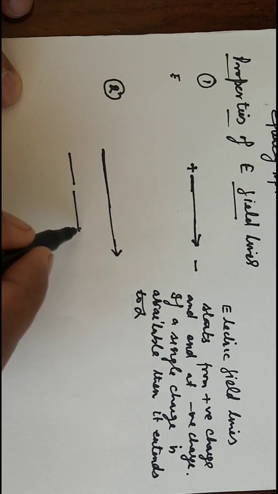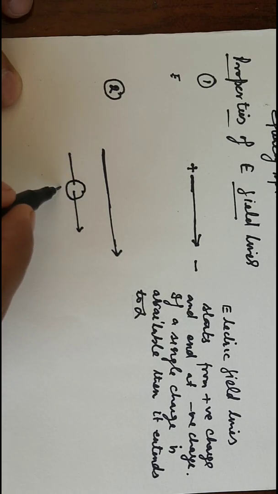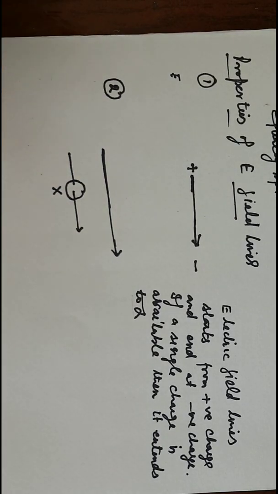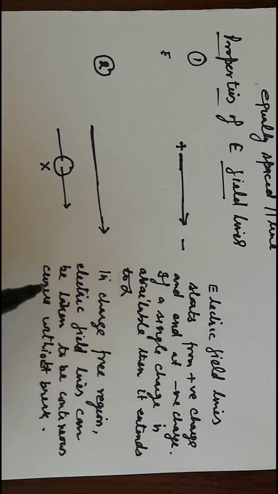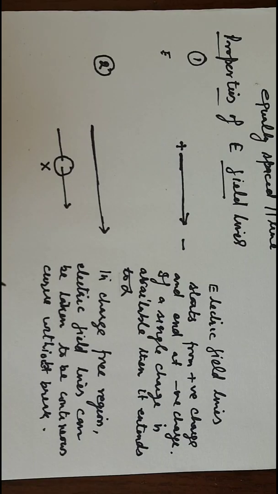This is not possible, like this one with a break. So in a charge-free region, electric field lines can be taken to be continuous curves without a break.